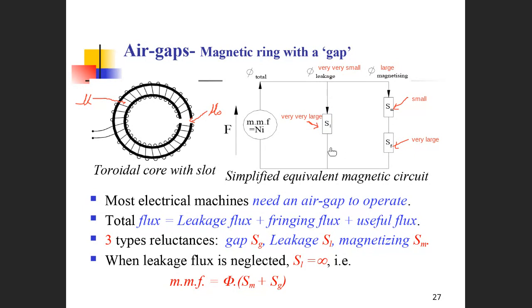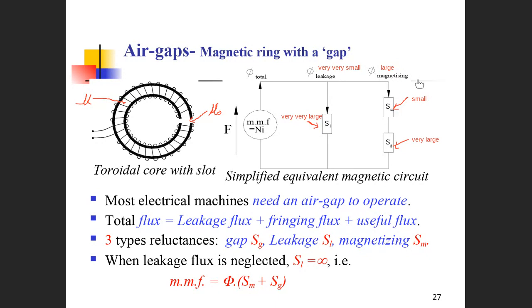You can use a coefficient to represent it in comparison with the other parts, since the leakage flux is very small. Okay, 1% goes through this one, for example, 10% maximum.